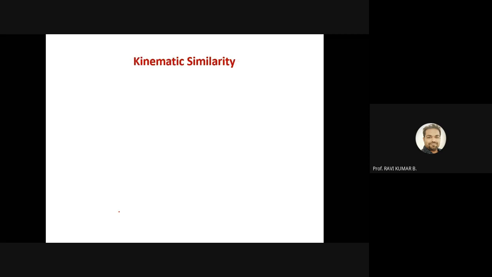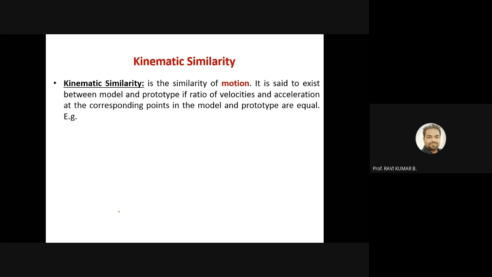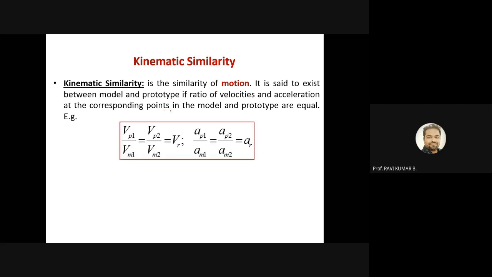Next one, kinematic similarity. It is a similarity of motion. It is said to exist between model and prototype if the ratios of velocity and acceleration at corresponding points in the model and prototype are equal. So we can represent it like this: velocity at the first point on the prototype divided by the velocity at the same point on the model is equal to velocity at the second point on the prototype surface divided by the velocity at the second point on the model.